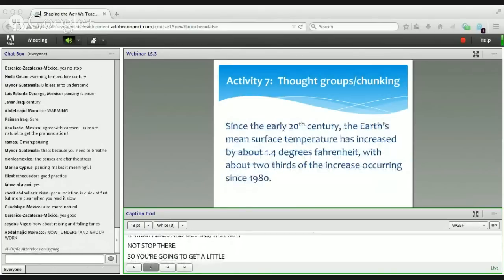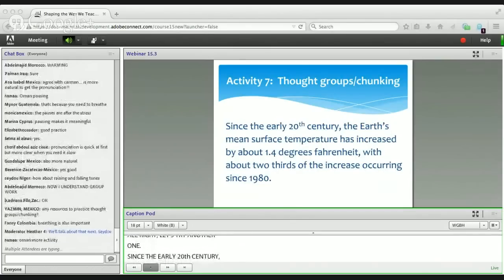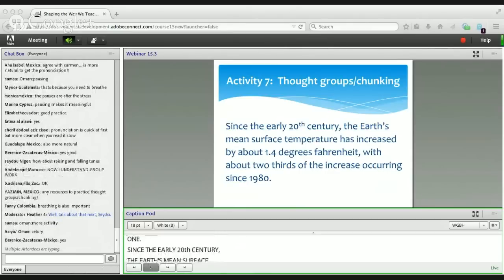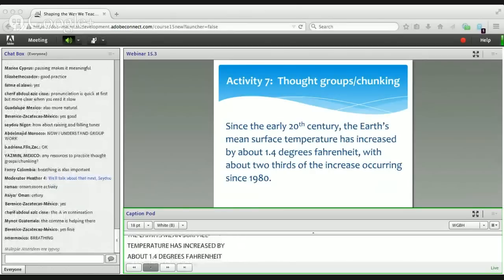All right, let's try another one. Since the early 20th century, the Earth's mean surface temperature has increased about 1.4 degrees Fahrenheit, with about 2/3 of the increase occurring since 1980. Okay, let's listen again.